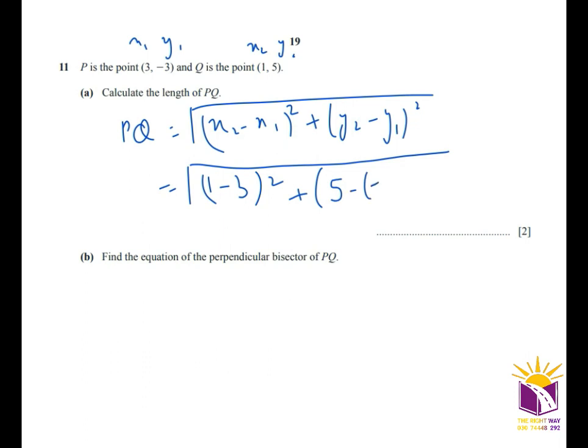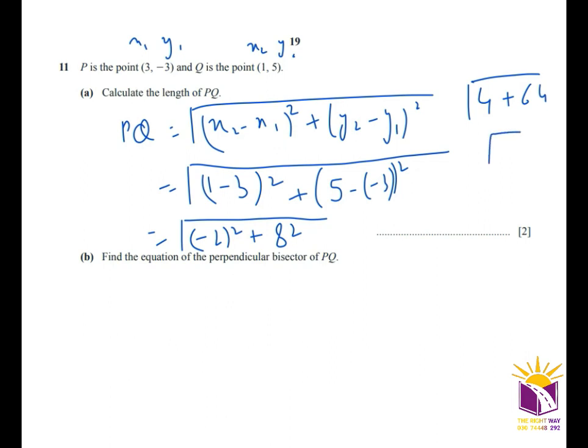It will be equal to under root (-2) squared plus (5 plus 3) squared, so it will be equal to 8 squared. 2 squared is 4 and 8 squared is 64, so it will be under root 68.